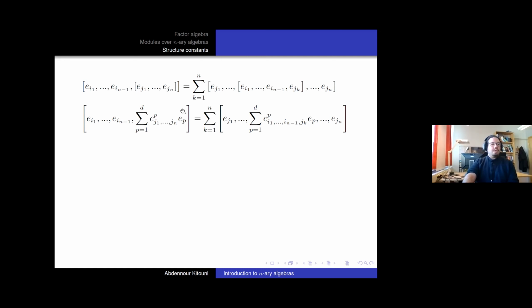Then I substitute this bracket by this linear combination of structure constants, and do the same on the right hand side, taking care of using the right indices in each step.